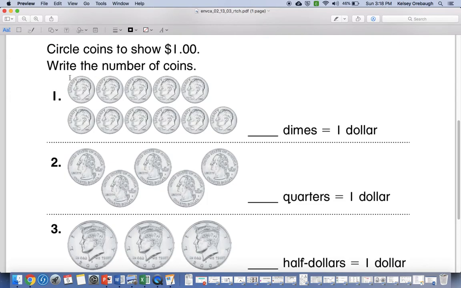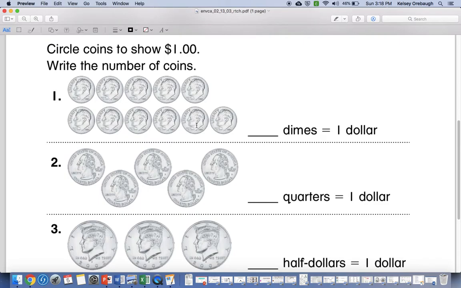So we can skip count by tens to get to 100 because remember, 100 cents is the same as $1. So let's skip count together. We'll start at 10 and we'll stop at 100. 10, 20, 30, 40, 50, 60, 70, 80, 90, 100.